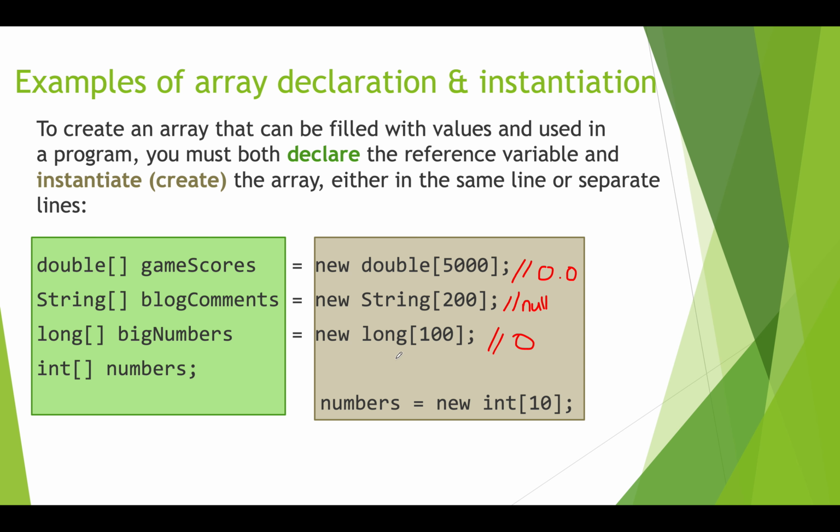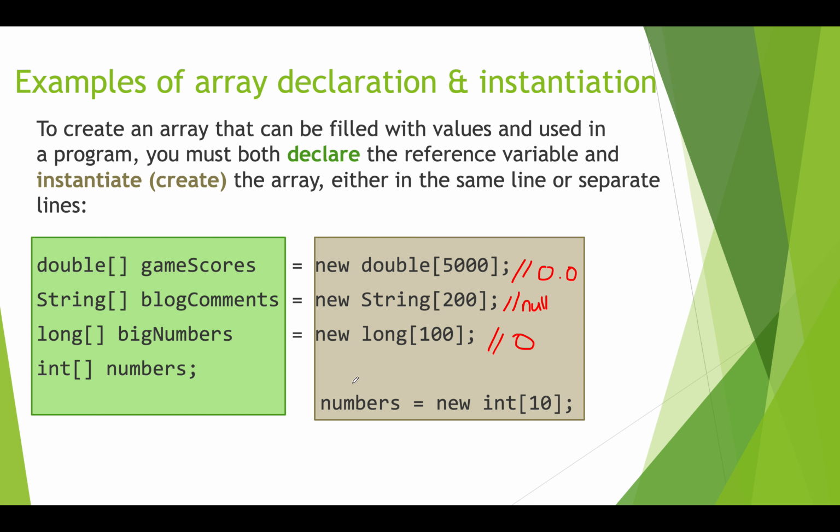And then in this example, we have an array of int numbers. We're creating a reference variable that can point to an array of ints. We're calling it numbers, but we're not immediately assigning it to anything.